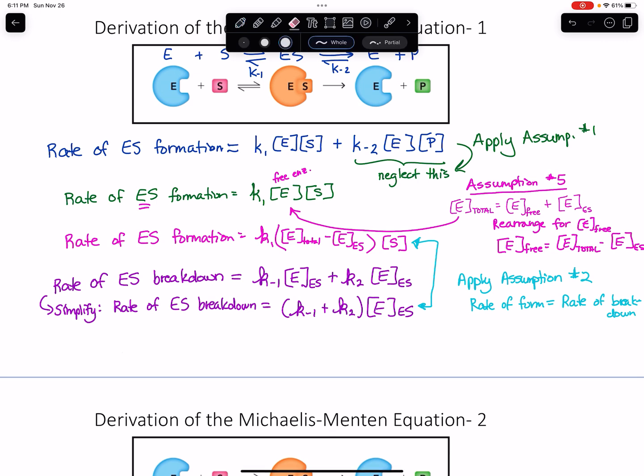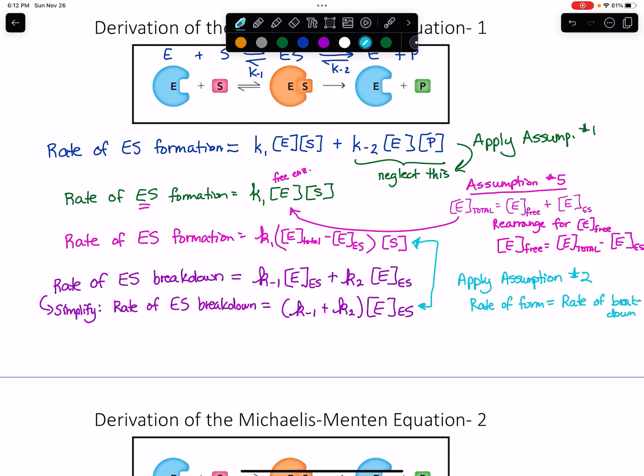All right. So we already wrote that rate of formation equals rate of breakdown. So this is equal to this. So I'm going to take this part and this part, and I'm going to combine them into an equation.